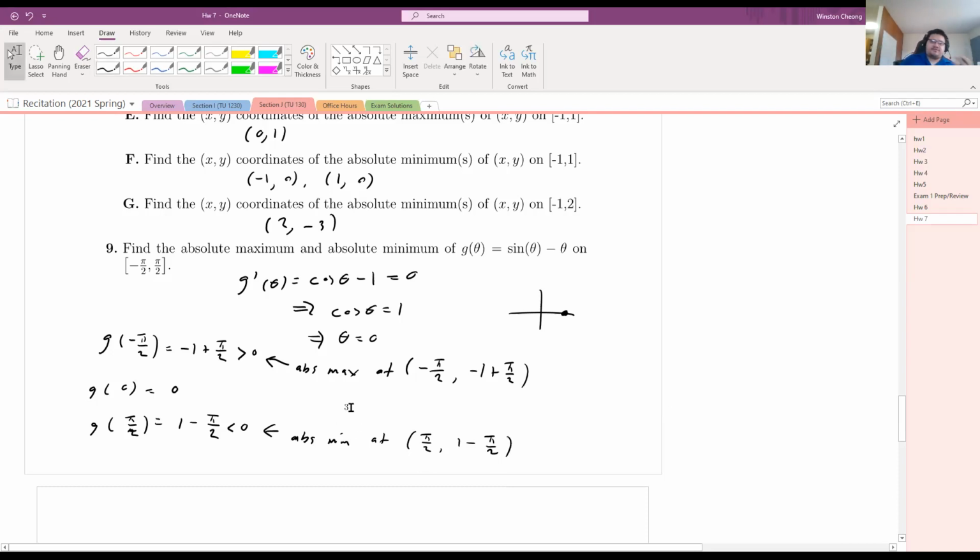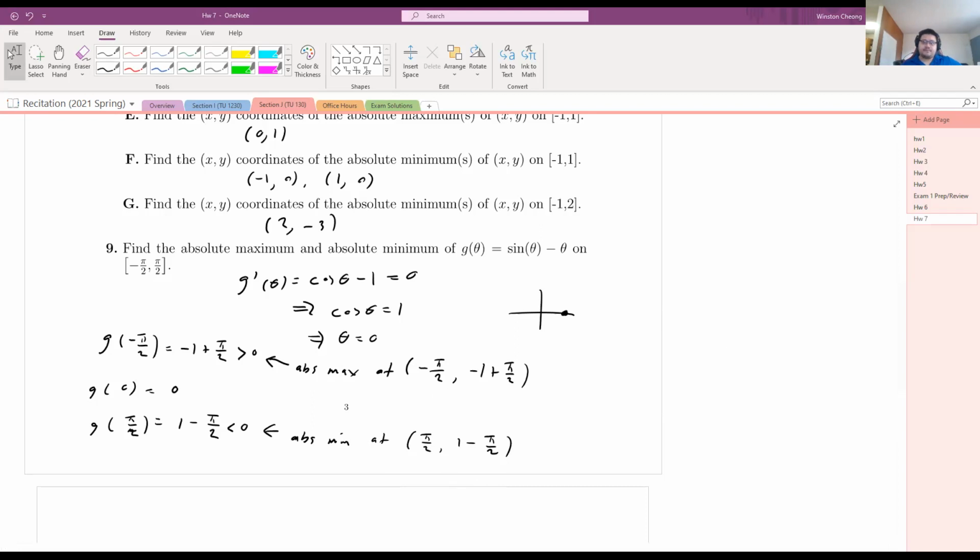Sometimes the problem is phrased as find the absolute min value or max value, in which case it would just be the y value. Sometimes it asks where it is located, in which case you would prefer to see the coordinate pair listed.